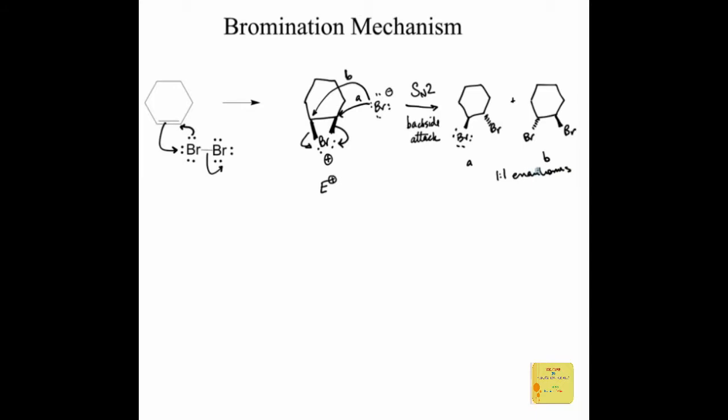Okay, so it explains the backside attack is why we get the anti-addition. Because whatever face the first bromine added to form the bromonium ion, the second bromine has to come in from that opposite face. So we always get anti-addition, 1 up and 1 down.